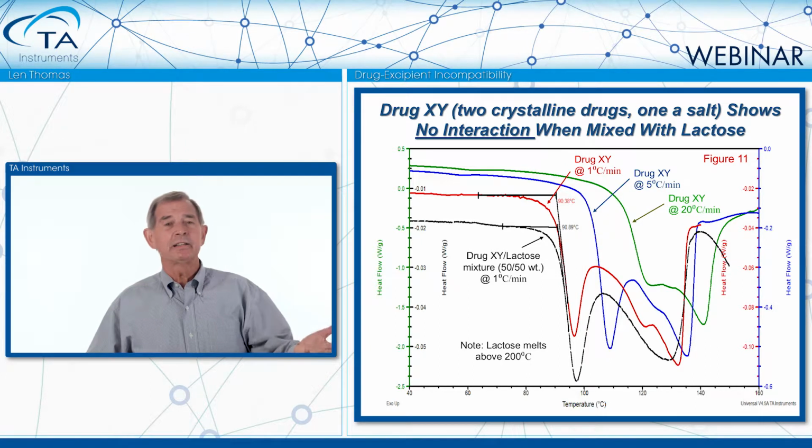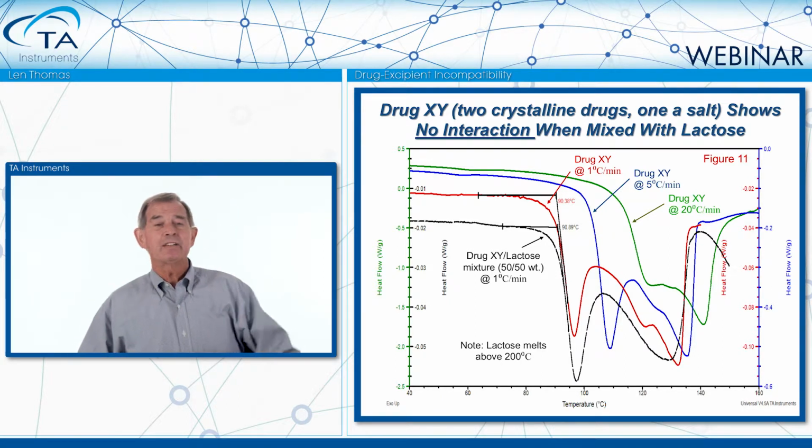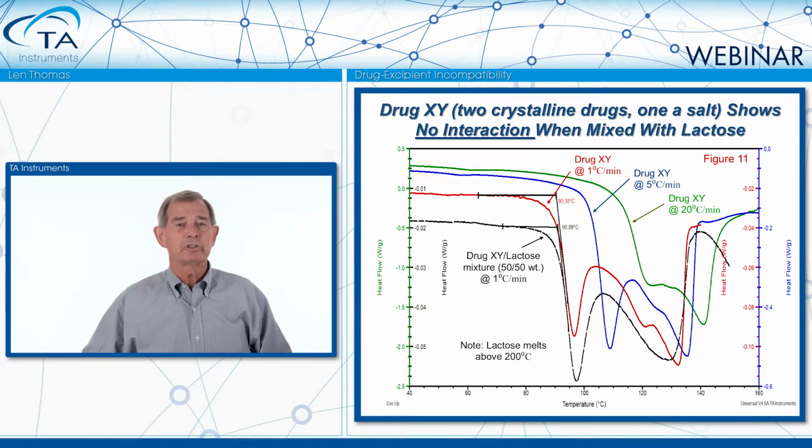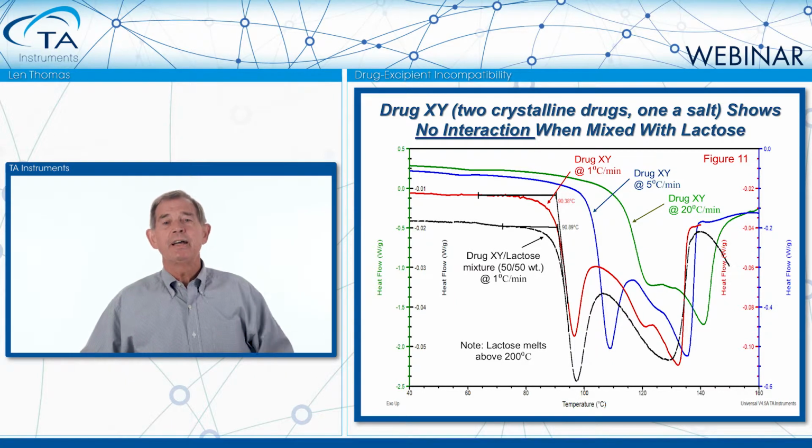I can't identify the drug. It's a commercial prescription drug, but it had two active drugs in it, and one of those active drugs was a salt. Now, this is the tablet that had other components in it ground up. So we're looking at that ground up tablet.